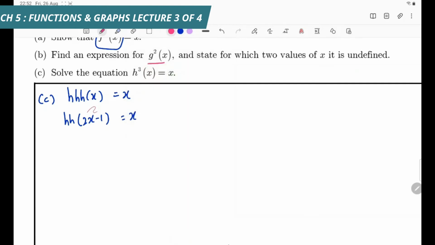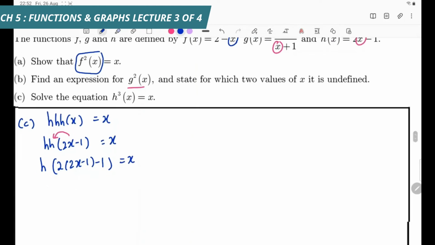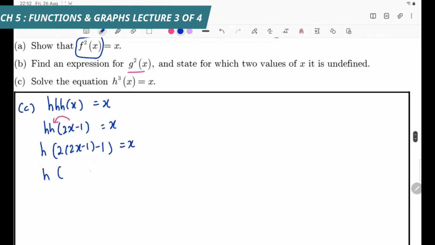And then I'm going to substitute 2x minus 1 into the h, and then simplify it.